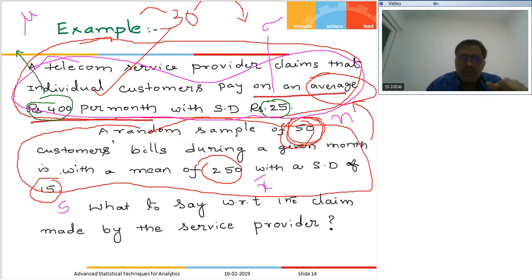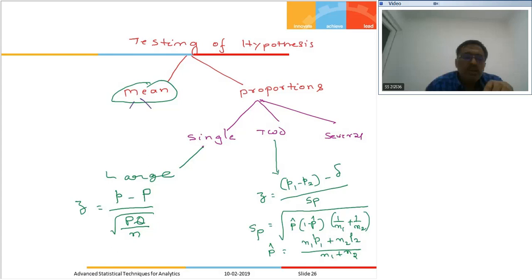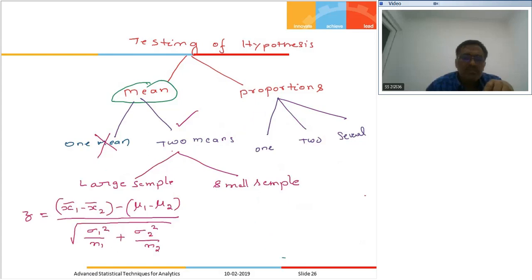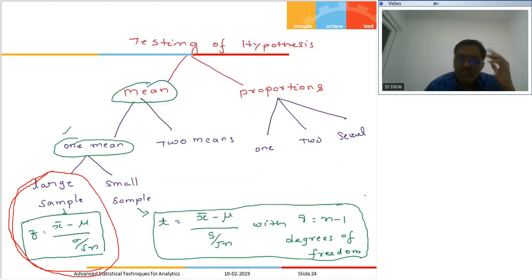Next follows testing of hypothesis. I request you to have a glance at how this overview goes. If you have this saved in mind, it becomes very easy to solve any problem related to testing of hypothesis.